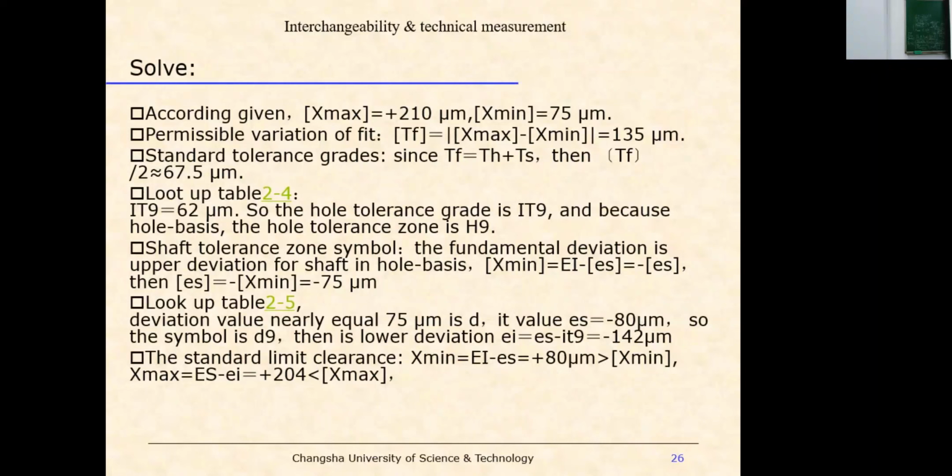Yeah, so is the line the 75, satisfying the requirement? I'll give you examples later. Please think about the question.